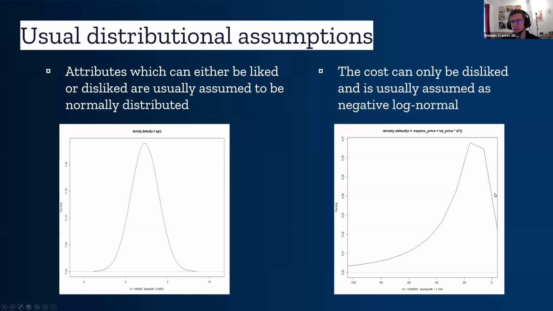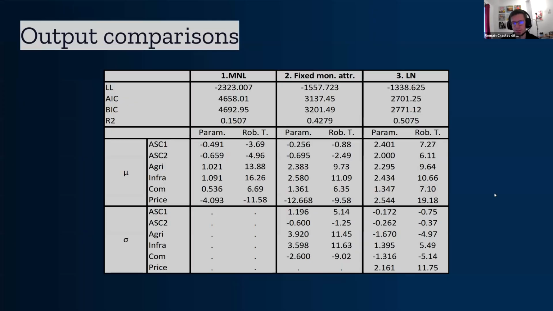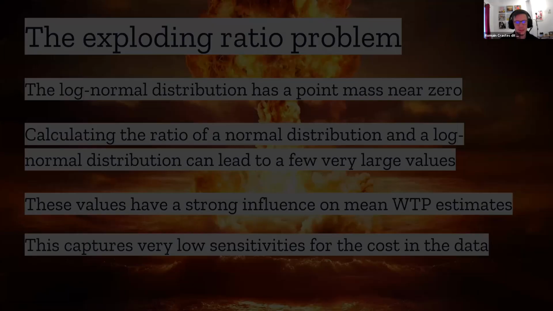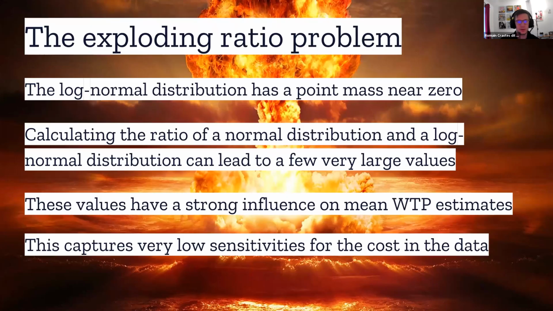So it can produce a set of very small values in the denominator of the willingness to pay calculation. And these values are going to have a strong influence on mean willingness to pay estimates. And of course, this captures very low sensitivity to the cost in the data, but that's also making your welfare estimates unusable for policymaking because they're way too large.